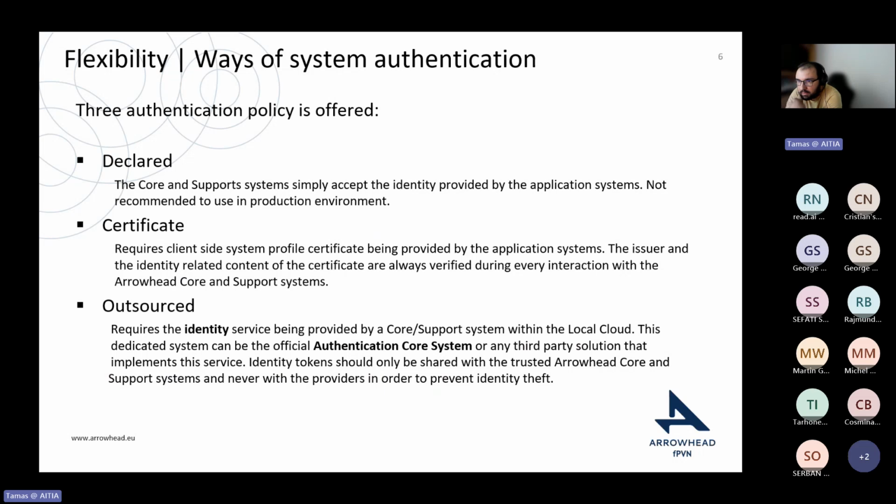One we call the declared authentication policy. In this case, the core and support systems simply accept the identity provided by the application system, so no real authentication is happening. This is not recommended in a production environment. It is recommended only for testing cases.